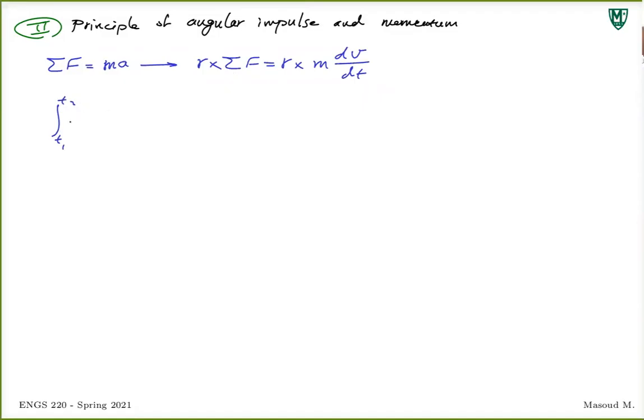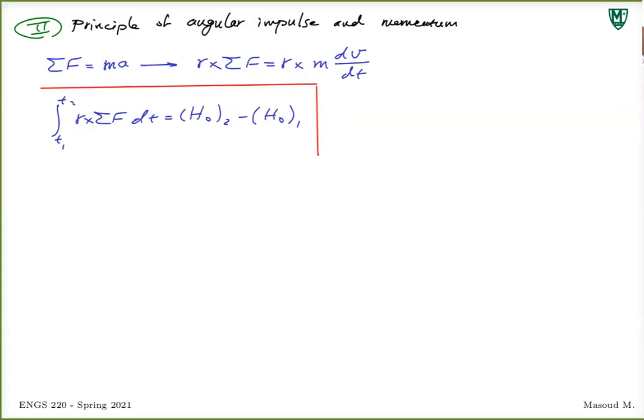It's going to be the integral of R cross F dt is equal to H_O2 minus H_O1. Now this is the final result.